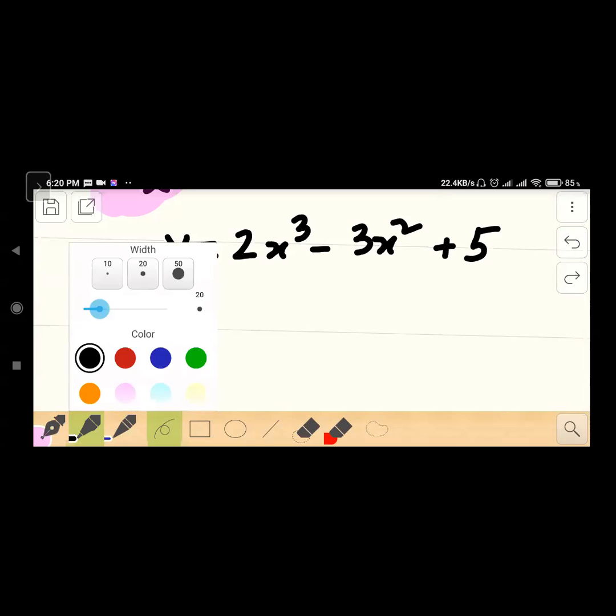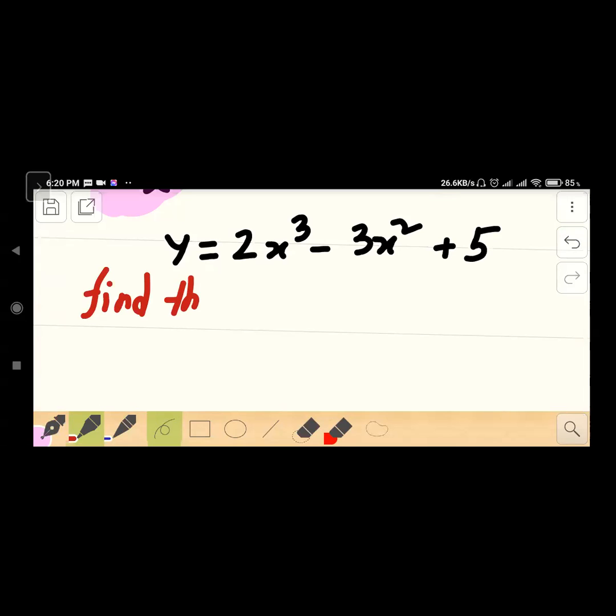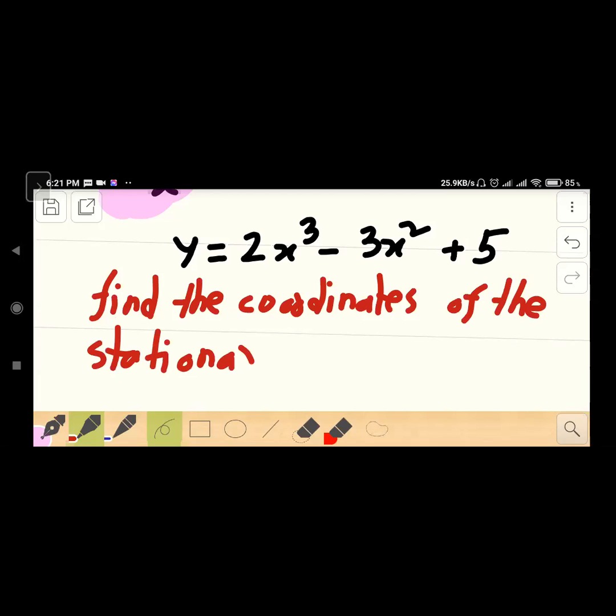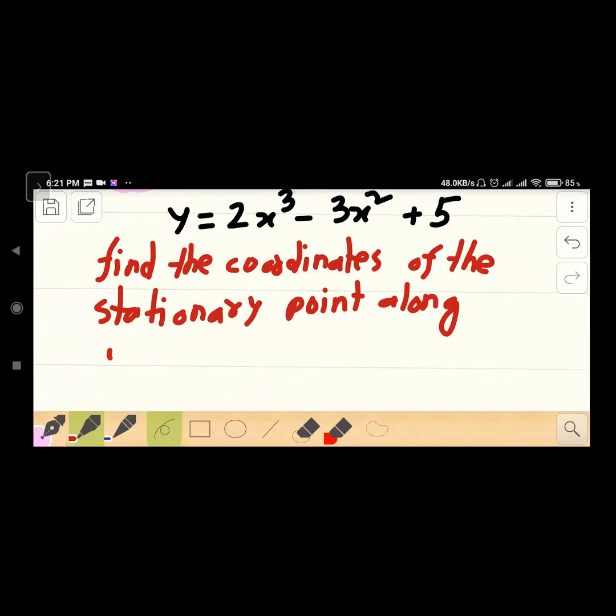Our first question is: find the coordinates of the stationary point along with its nature.